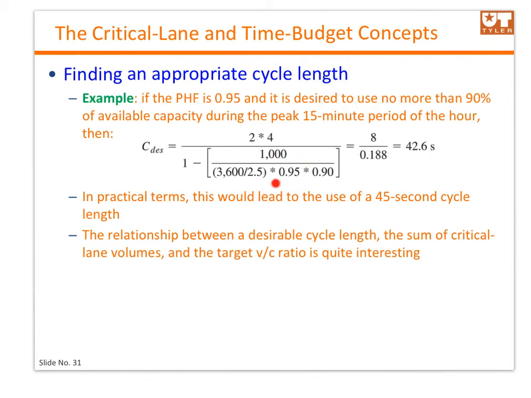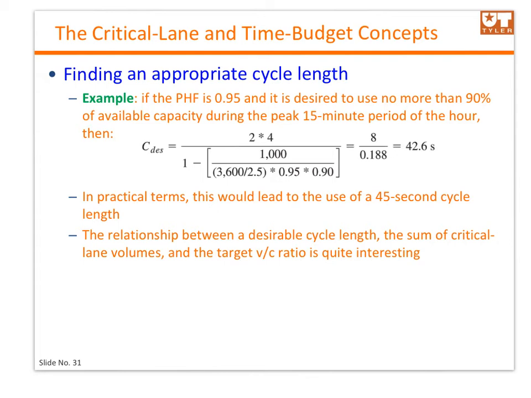Now we're introducing the peak hour factor 0.95, and I don't want to exceed 90% of the available capacity, which is 0.9, and now it tells me that the desirable cycle length is 42.6 seconds rather than 26.2, which is the minimum theoretical cycle length.